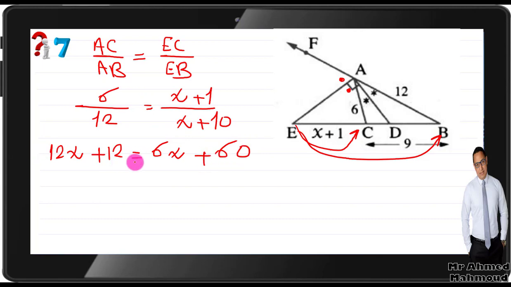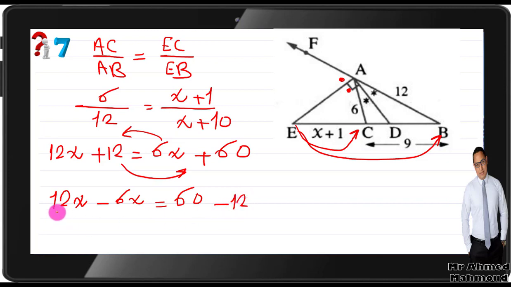I'm going to collect X on the left side and the numbers on the right side. So 12X minus 6X equals 60 minus 12. 12 minus 6 equals 6X equals 60 minus 12 equals 48.